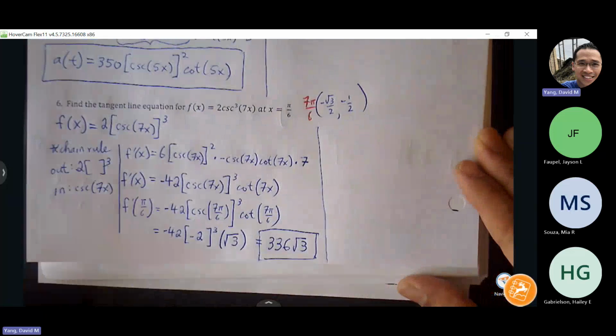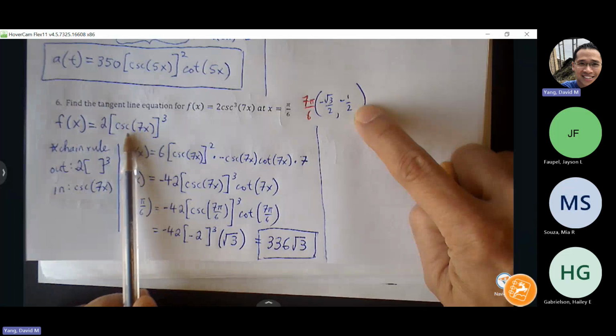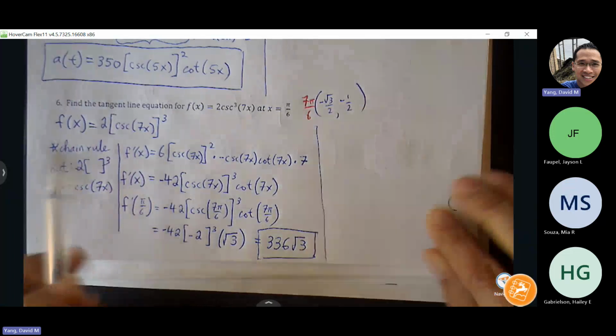Okay, there's my slope. Next up, order pair. So I have to plug 7 pi over 6 in for x.